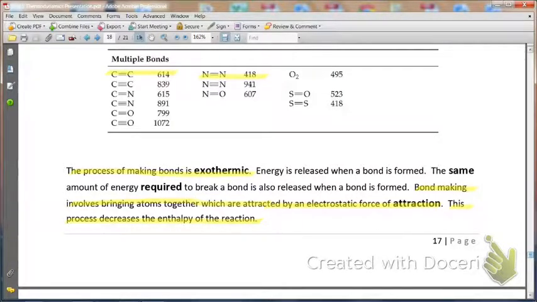The stronger the electrostatic forces, the lower the potential energy. And so again, with triple bonds, they have very strong electrostatic attraction, so therefore they have lower potential energy than double or single bonds.